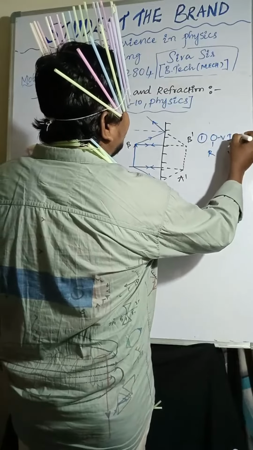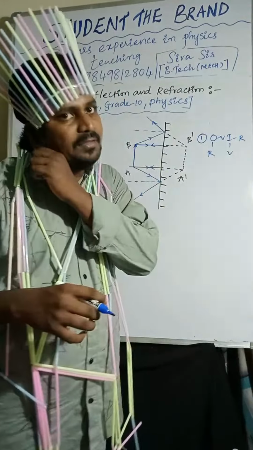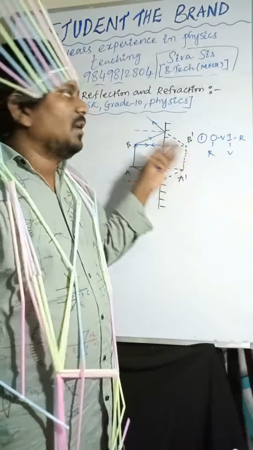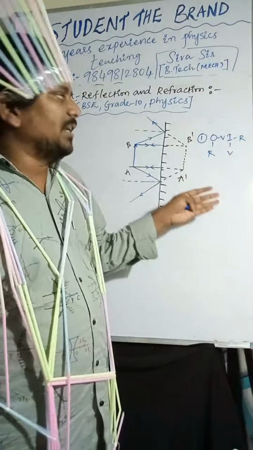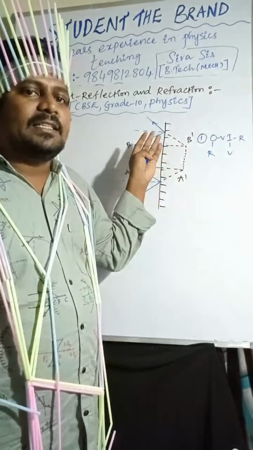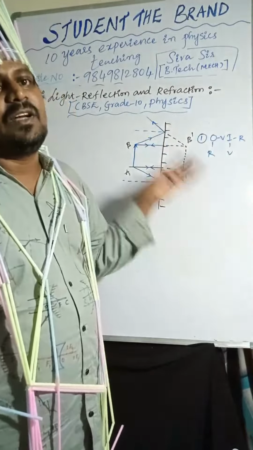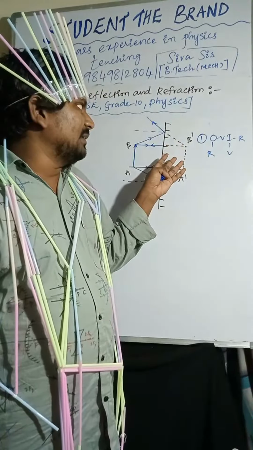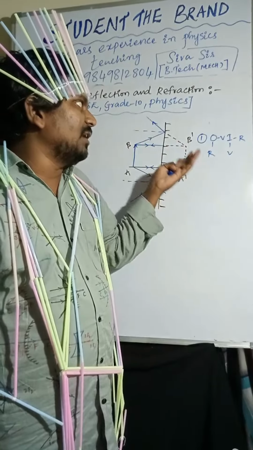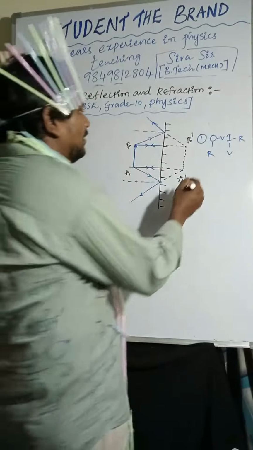Object is virtual, image is real. In the previous case, I gave one example, that is, object is real, image is virtual, and object is virtual, image is real. Very, very important.